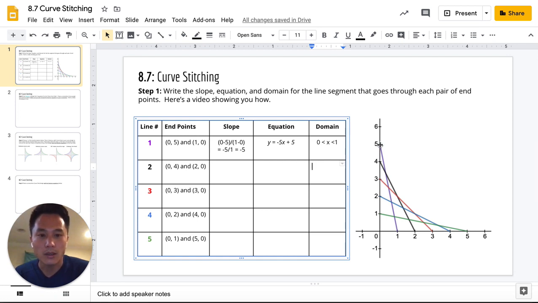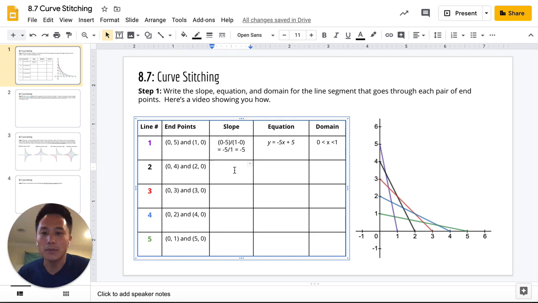At this point, there's an x value of 0. The furthest to the right the line goes is here, and at this point, the x value is 1. So in this function, the only x values that we have are between 0 and 1. So that's why I can write the domain like this. X is greater than 0, but less than 1.